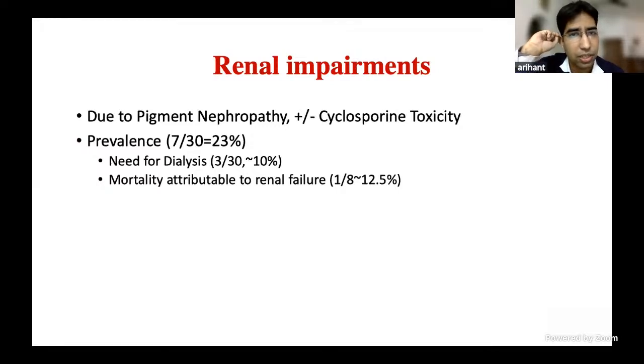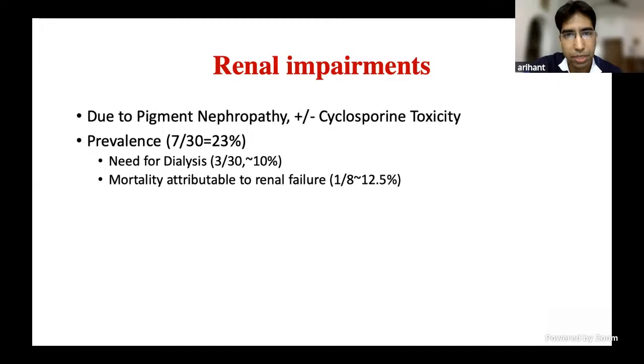Around 7 patients in this cohort had a renal impairment, which was mostly due to pigment nephropathy developed due to hemolysis. In 1 or 2 patients it was being exacerbated by the ongoing cyclosporin use.